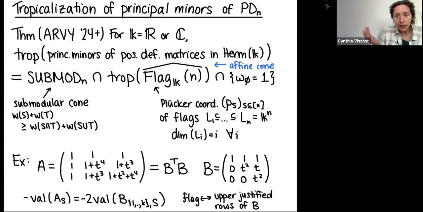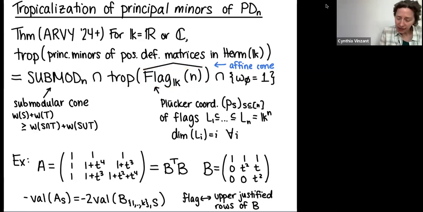So the theorem that we were able to say at the end of the day is the following. So if we take the image of positive definite matrices under this map, and we look at the tropicalization, we get the following thing. Let's try and digest this a little bit. Let's start here.